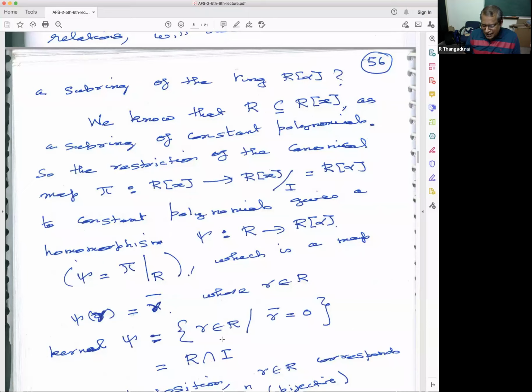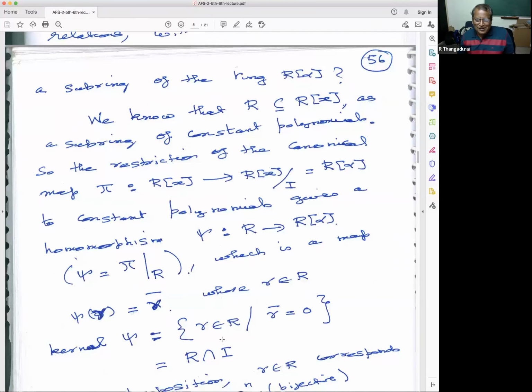R plus I equals I. That means R belongs to I, right? R belongs to I means R is a kind of coefficient which belongs to I. I is generated by a polynomial. So the element R is equal to some product of polynomials. That's what it says, right?